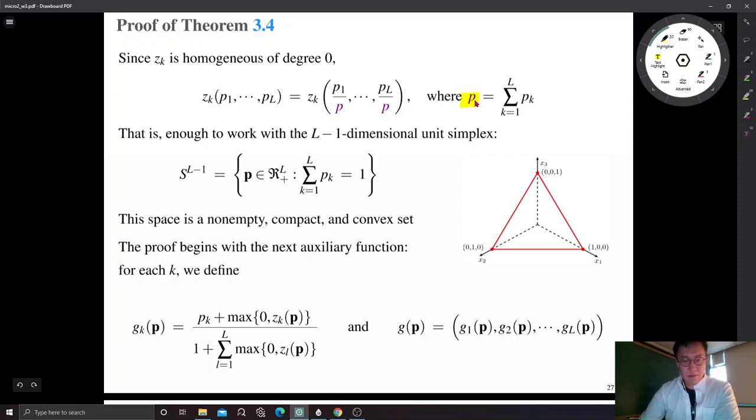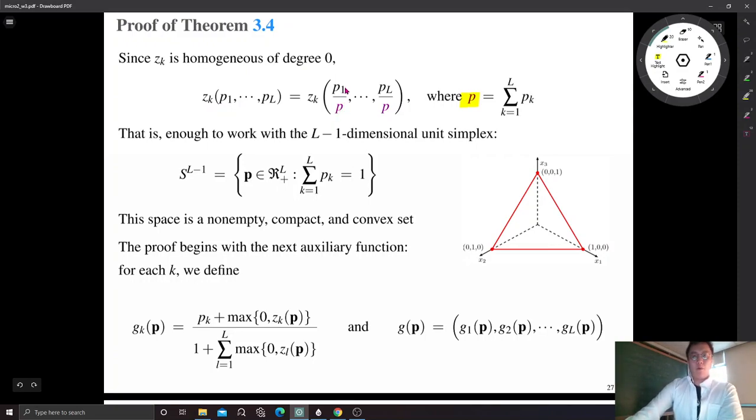Then, because the excess demand function for each commodity k is homogeneous of degree 0, we can normalize each price by dividing by this aggregate price. So p1 becomes p1 over P. We divide each price by P. Still, z_k does not vary because it is homogeneous of degree 0.